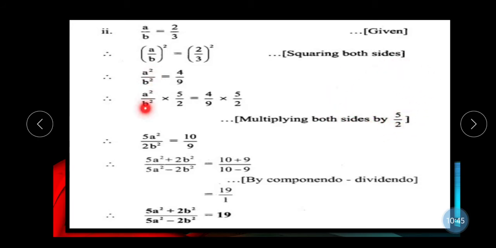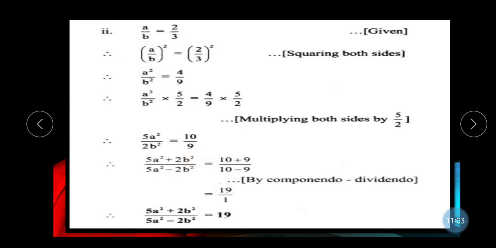So, a square upon b square into 5 upon 2 is equal to 4 upon 9 into 5 upon 2. We get 5a square upon 2b square is equal to 10 upon 9. After reducing this, we get 10 upon 9.